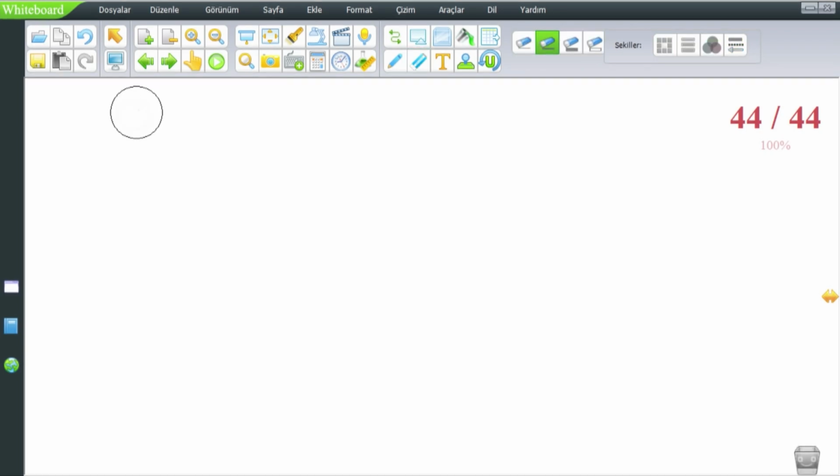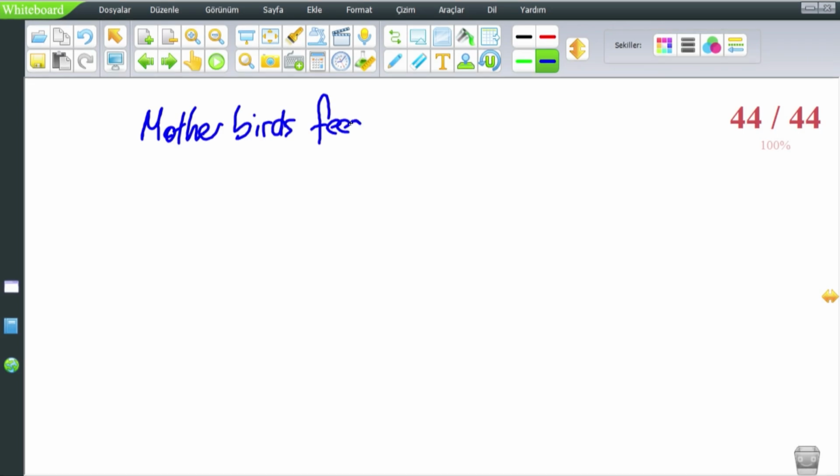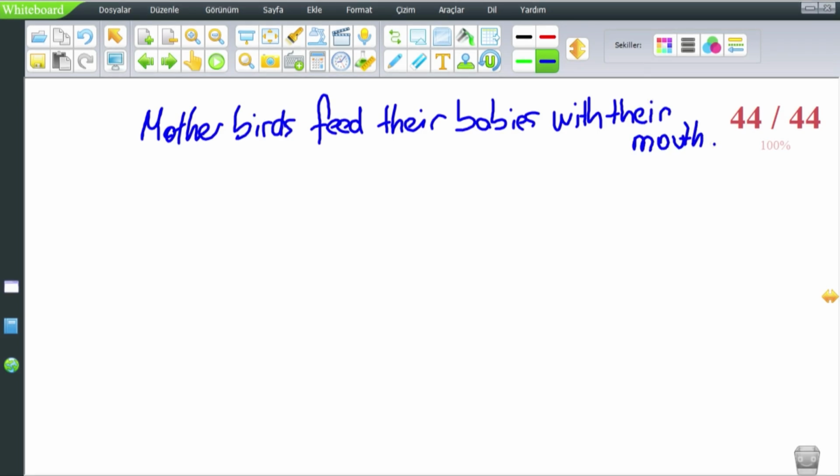Mother birds feed their babies with their mouth. Looking at my tense, I can see that this is present simple and my object is babies, mother birds' babies, or baby birds.